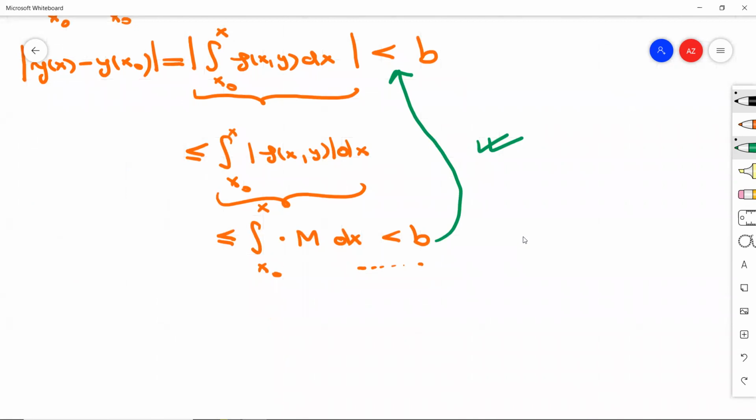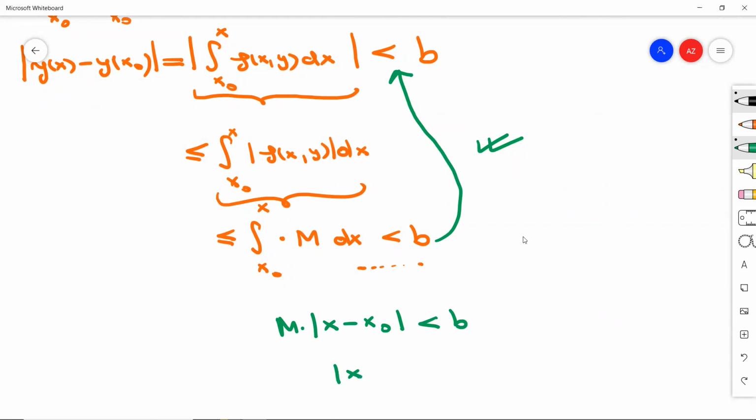So integrating constant M from x0 to x is M times x minus x0 if x is bigger than x0, otherwise it's the absolute value from x to x0, and this is smaller than b.